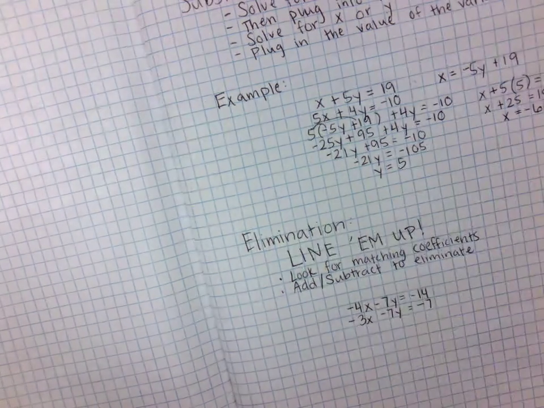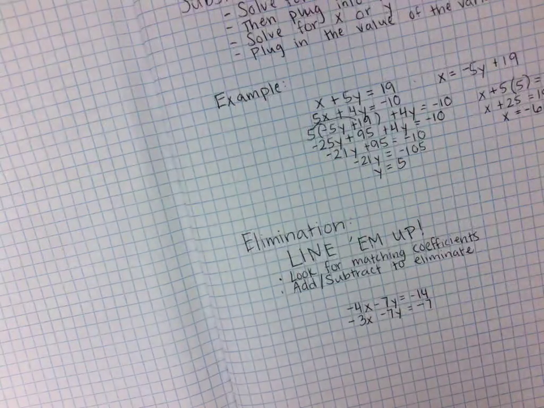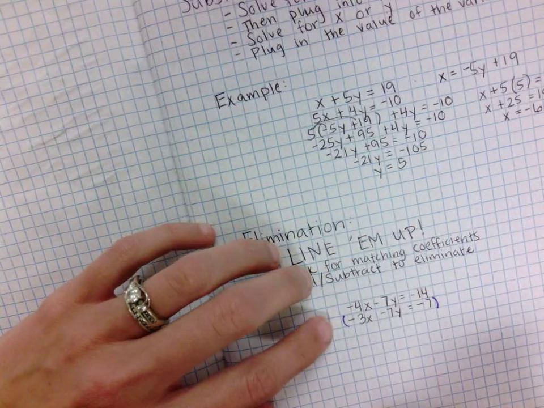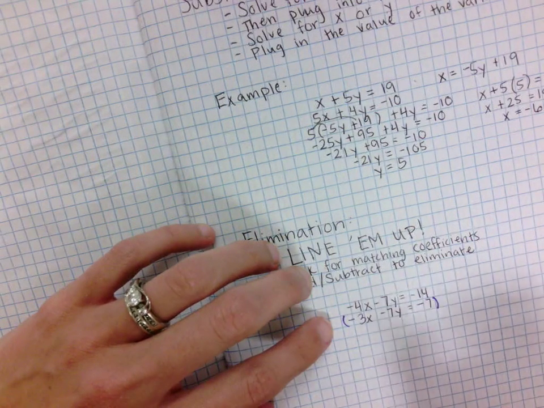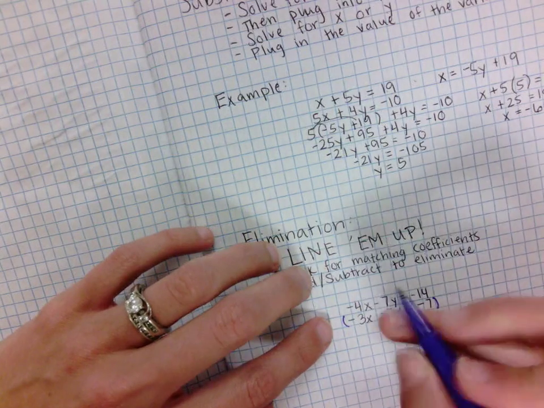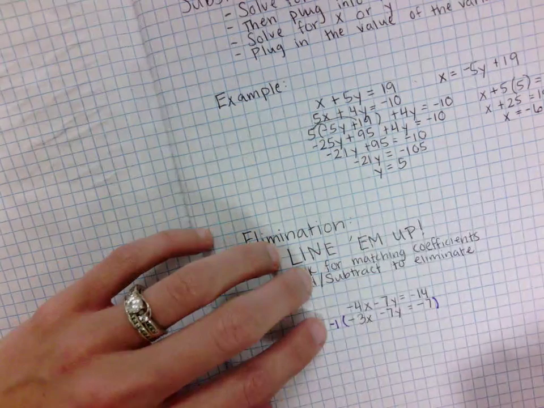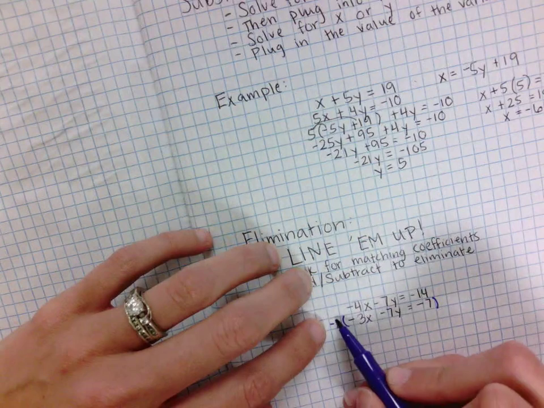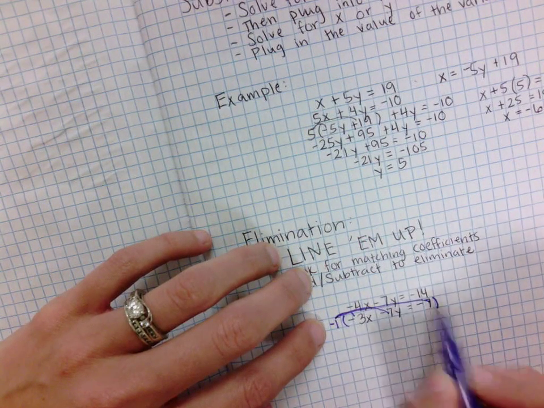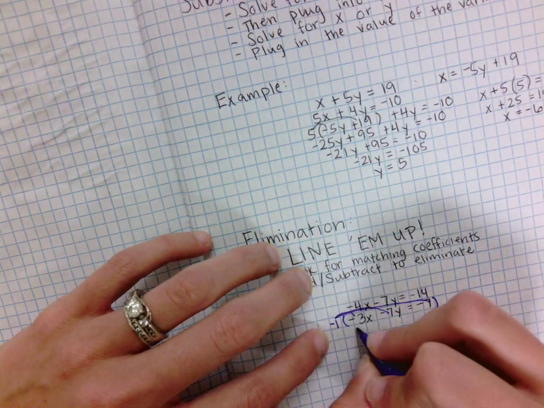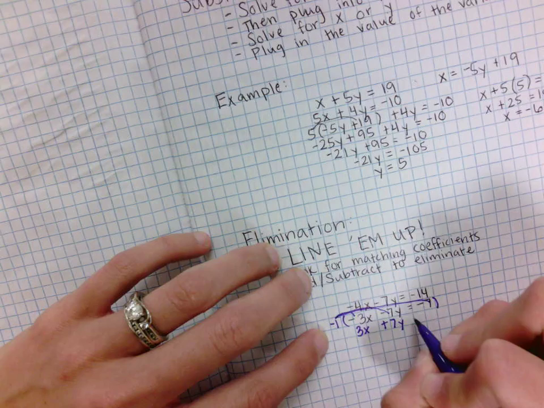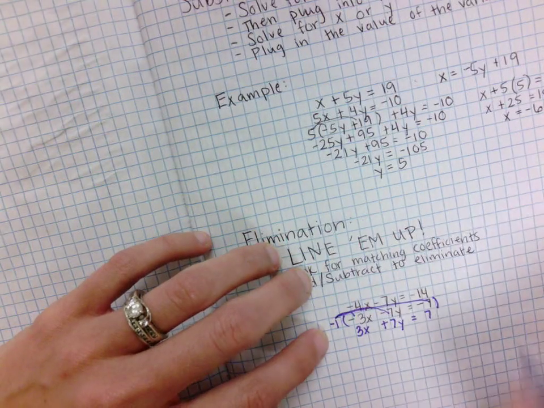I'm going to use a different color to show this, and you're going to multiply the entire thing by negative 1 because you can see that the coefficients are really similar. So you're going to distribute this negative 1 throughout the entire equation, even over here. So you're going to say 3x plus 7y equals 7.